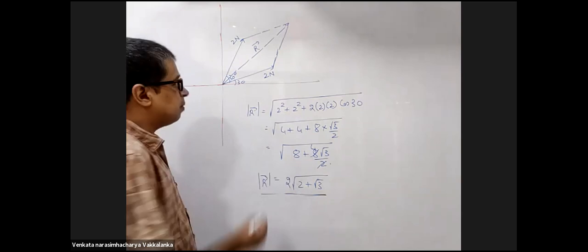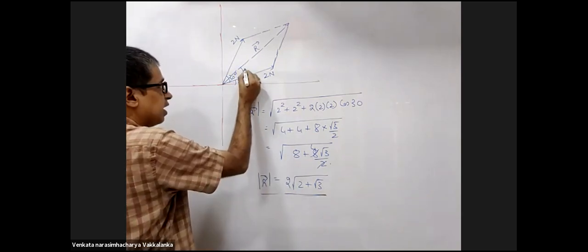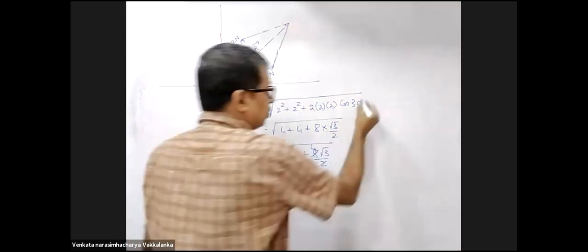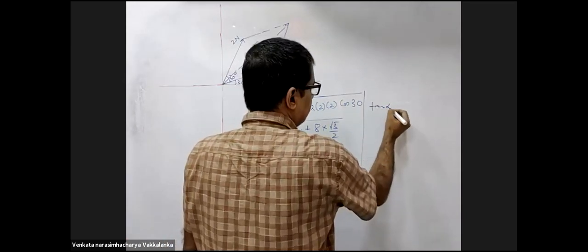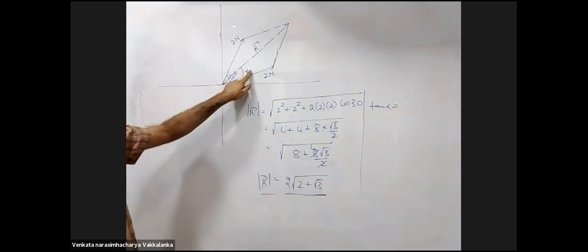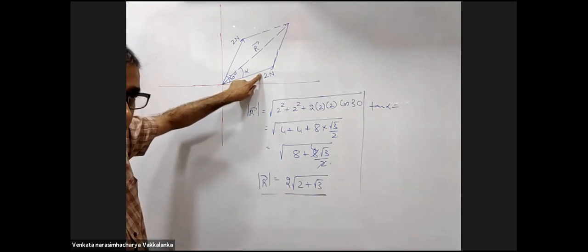Now, you shouldn't leave the problem here. You will have to tell me the angle alpha. What is alpha? Alpha is the angle which it makes with this vector.